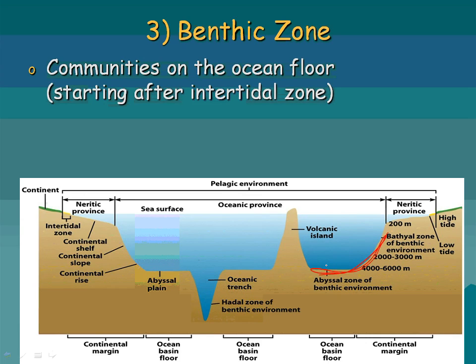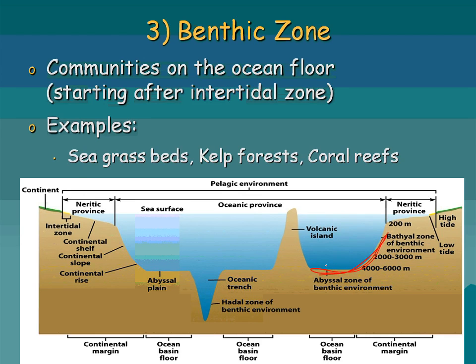Mostly things like clams, a lot of crabs, organisms that are called detritivores. They basically eat all of the stuff that has sunk down to the bottom, and they eat scraps of plants and dead organisms. So they feed on the ocean floor.